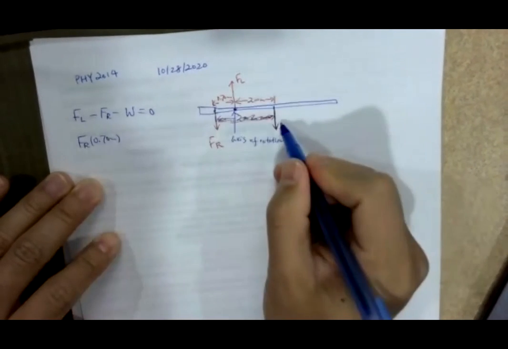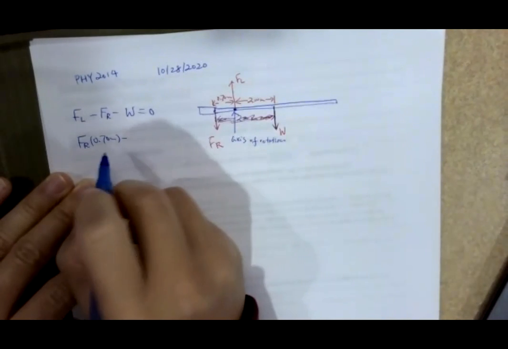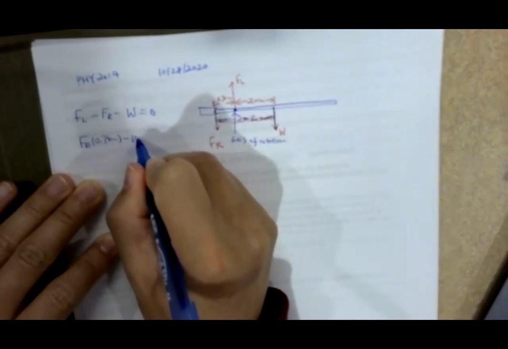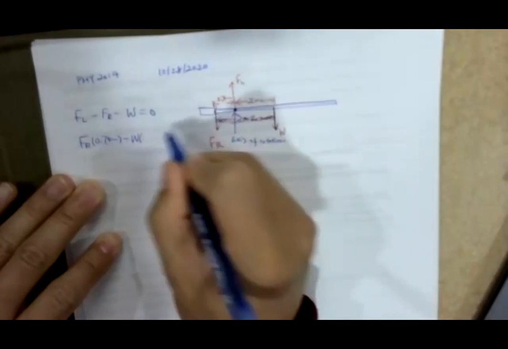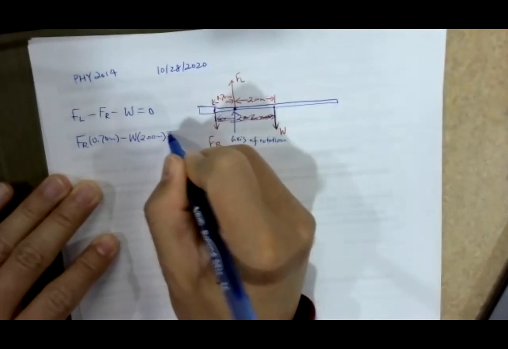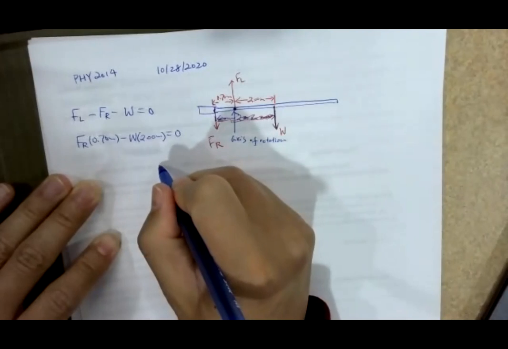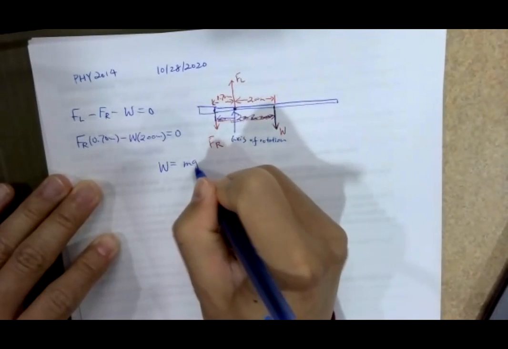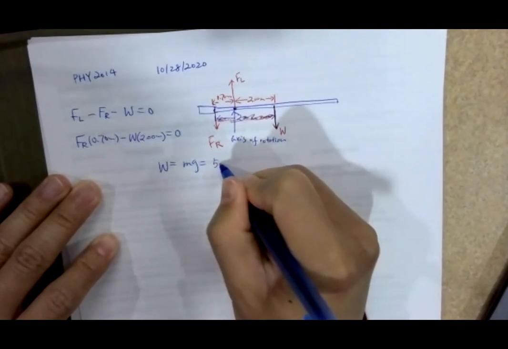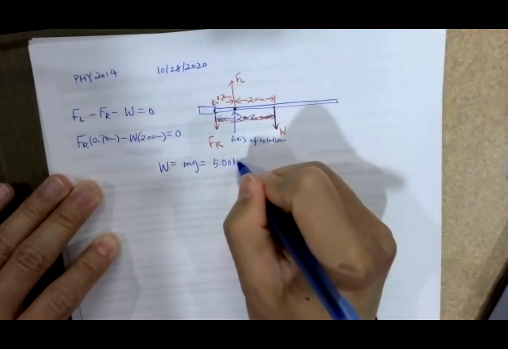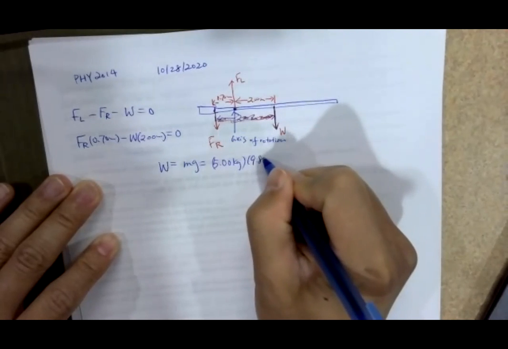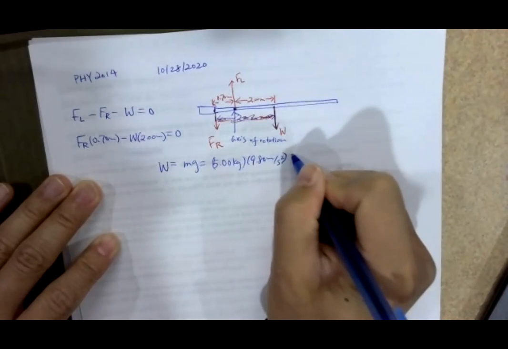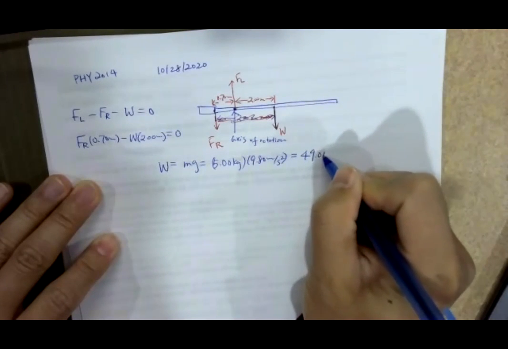And the torque by the weight will be negative, so minus the weight times 2 meters away. That should equal 0. Now you know weight is equal to mg, and the mass of the pole is 5 kilograms, so that gives you the weight. That would be 49 newtons for the weight.